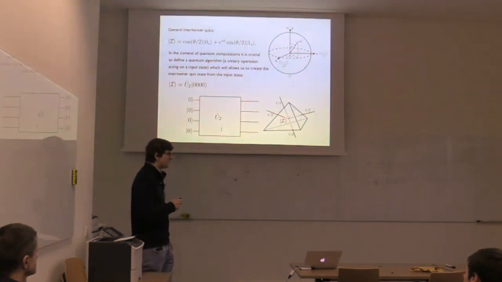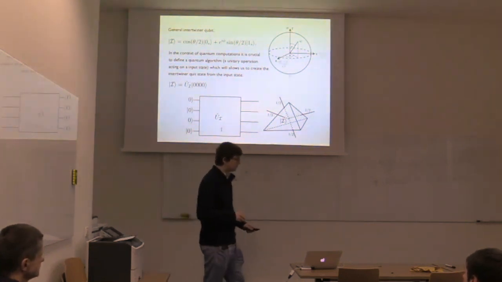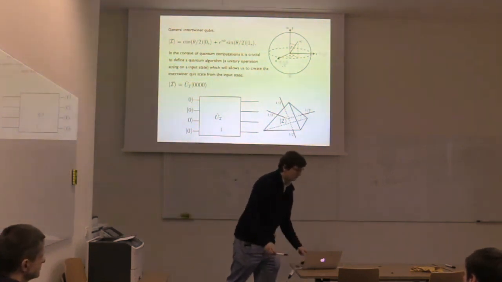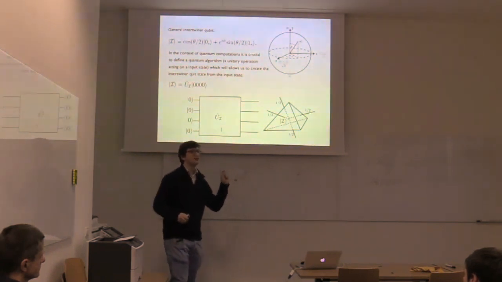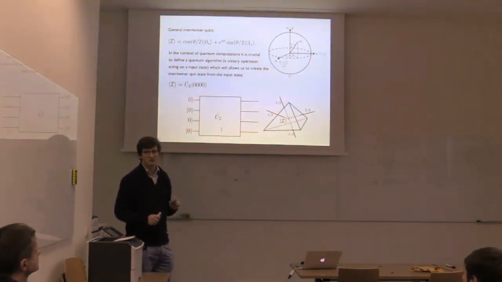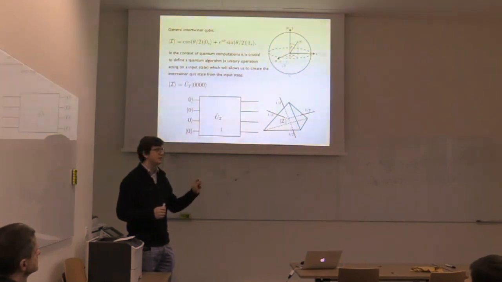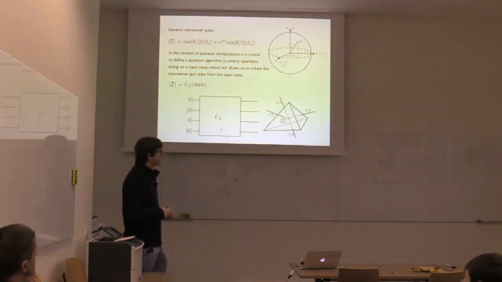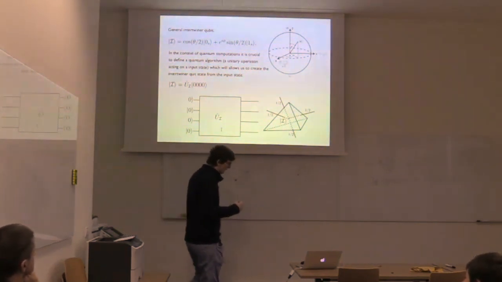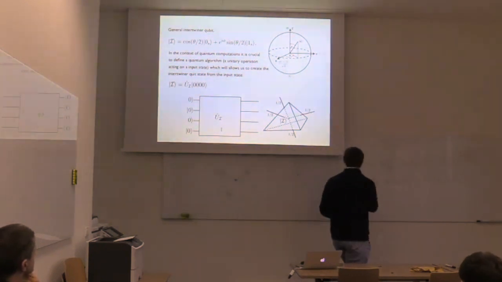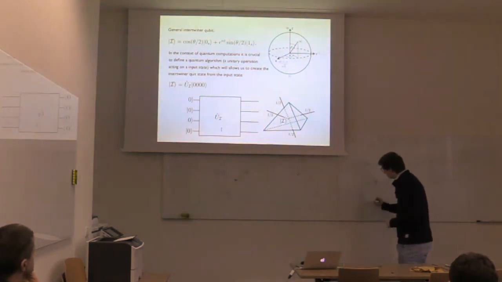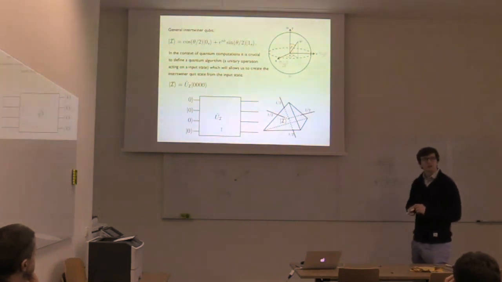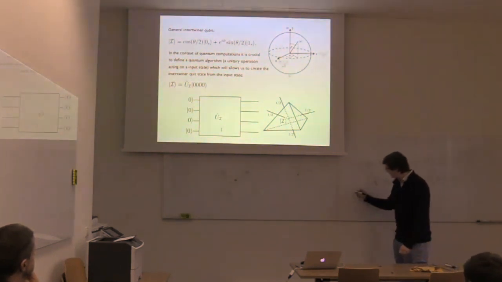Now the important task, from the viewpoint of quantum computation, is to create this intertwiner qubit state using a quantum computer. This is the first task. In quantum computers, we have a register of n qubits and some initial state.